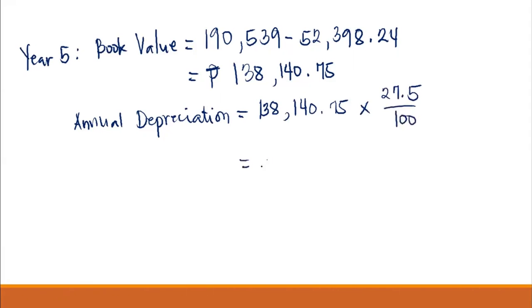So this is now equal to 37,988 pesos and 7 centavos. All right, so that is how to calculate the annual depreciation of our, ano yan ulit? Diminishing balance method or yung written down value method na tinatawag natin.